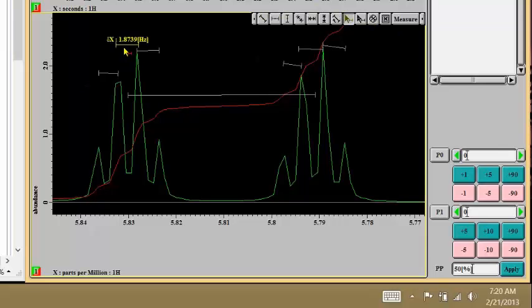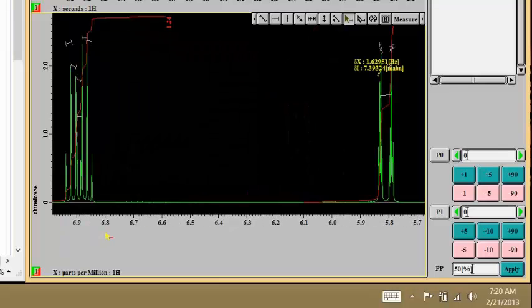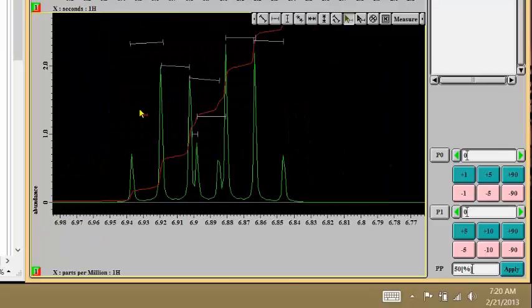Let's pick it up. There we are. These are all small, with around 1.6 hertz. So these are much smaller, suggesting that the neighbors doing this splitting are farther away than the neighbors that are doing this splitting here.